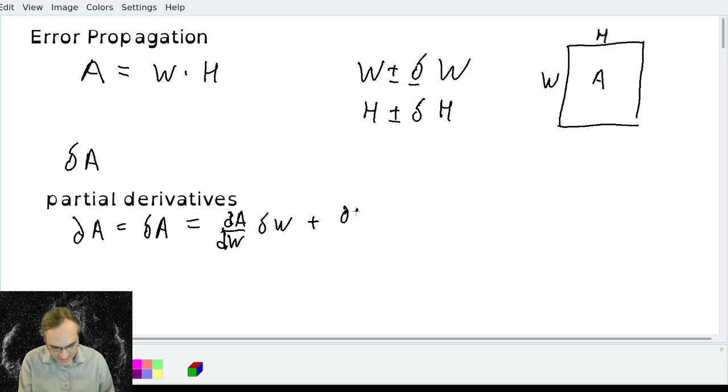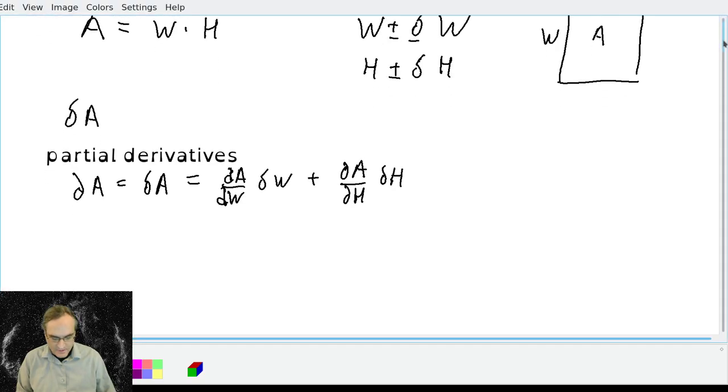Oops, dA dH, and then the uncertainty in H. And it turns out that's pretty much how it always is going to work.